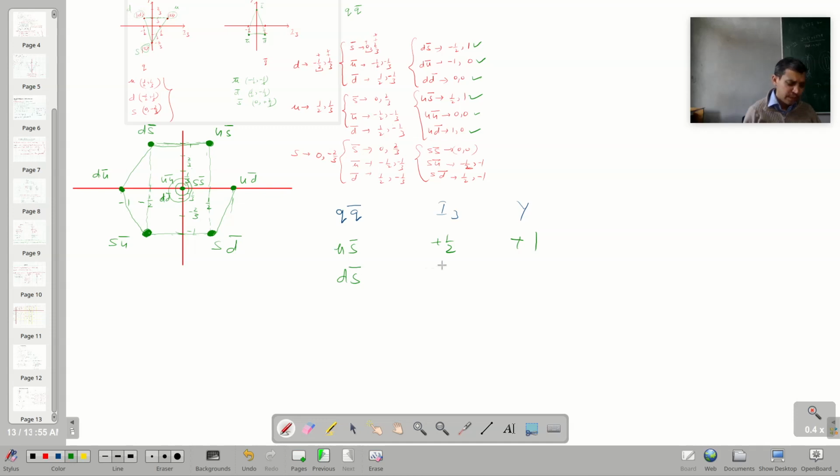For ds bar, its value will be minus 1 by 2 and plus 1.